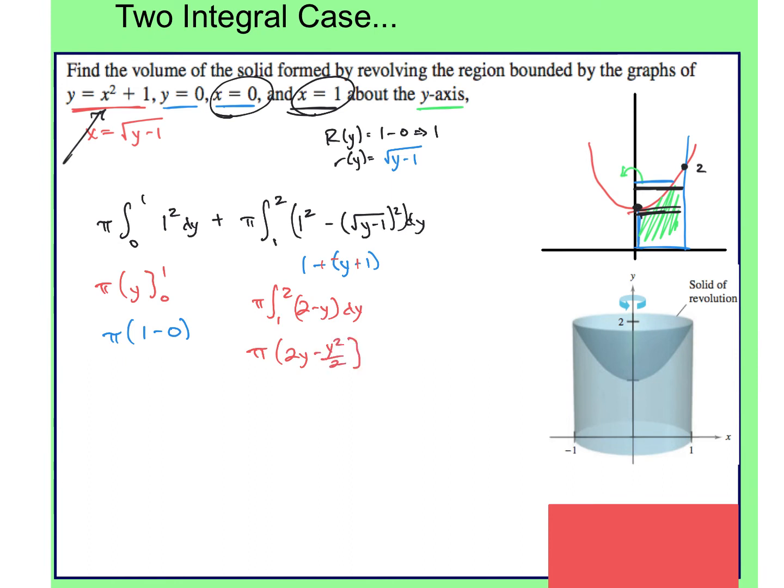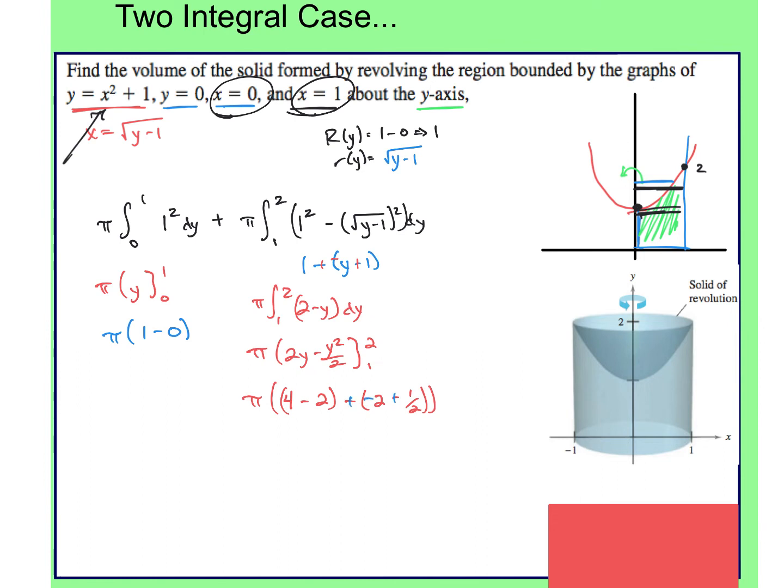So now we're going to substitute in 2. And so we end up with 4 minus 2, and then minus, we substitute in 1, and we get 2 minus 1/2. What would I highly suggest you do?